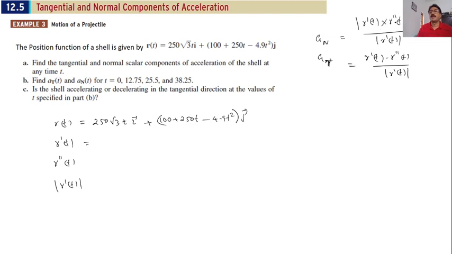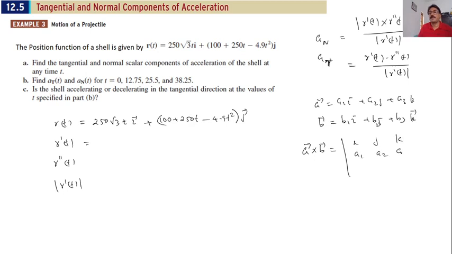For the cross product, if vector A is A1 i plus A2 j plus A3 k and vector B is B1 i plus B2 j plus B3 k, then A cross B is given by the determinant with rows i j k, A1 A2 A3, B1 B2 B3.